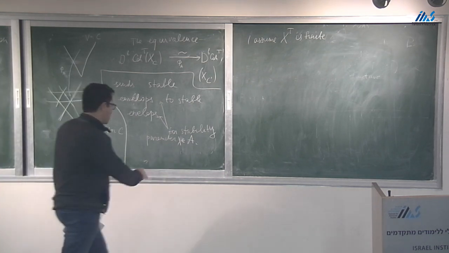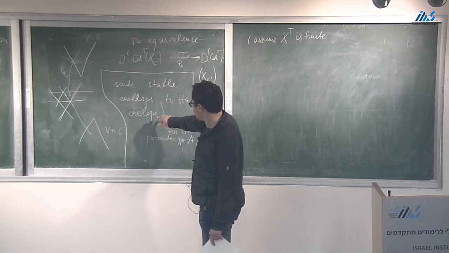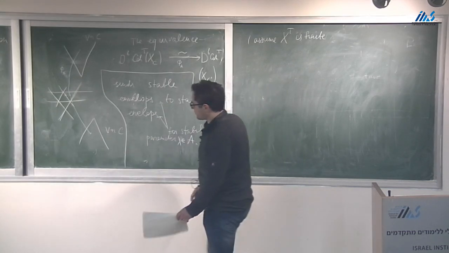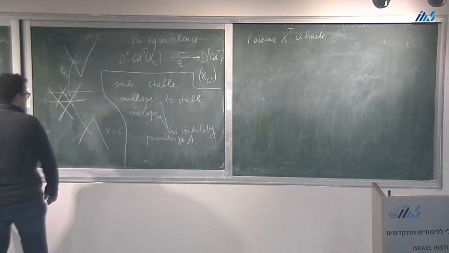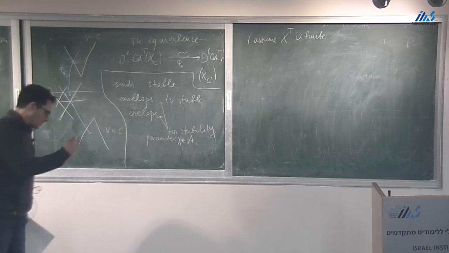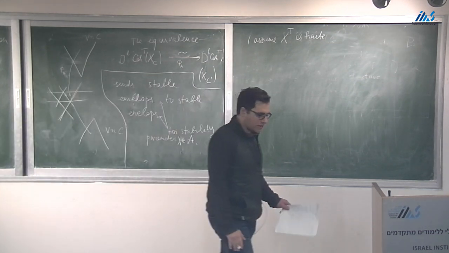Yes, and before that I actually want to say a few words about what these are. We're talking about stable envelopes as we define them, homological, not K-theoretical? No, of course I need them K-theoretically, and moreover I need them categorically.